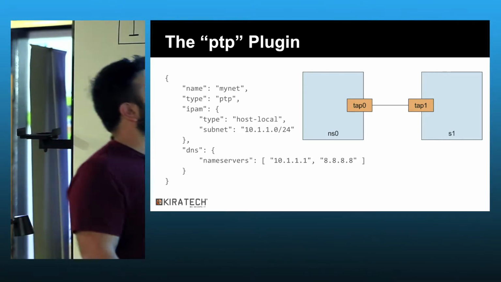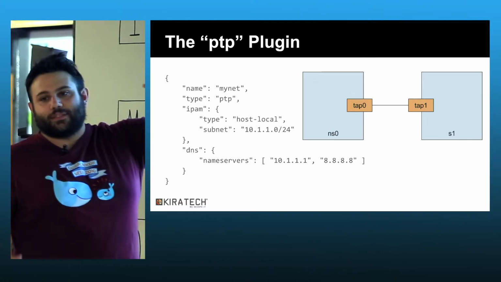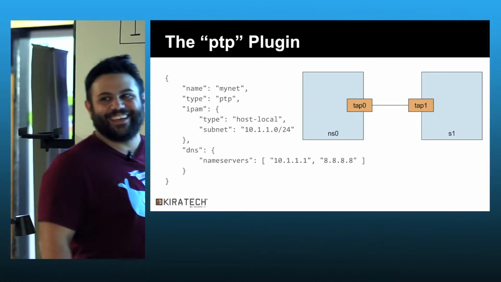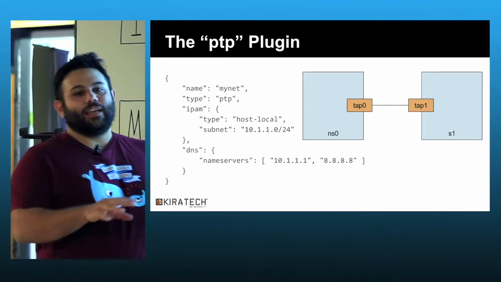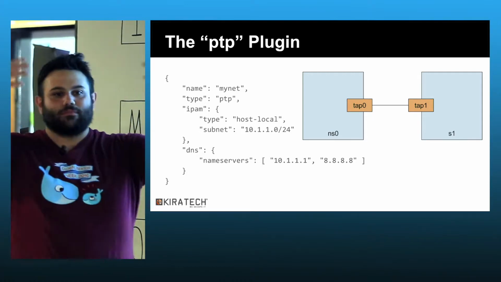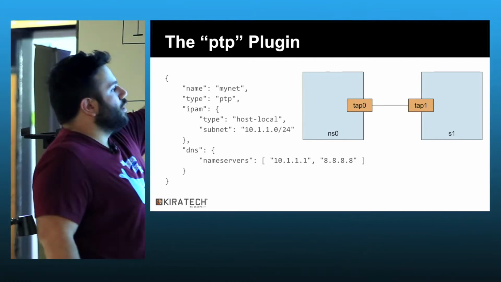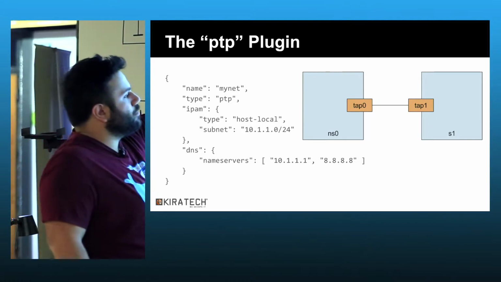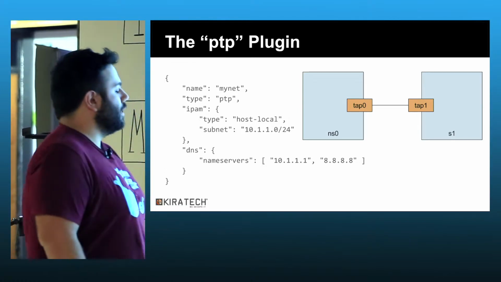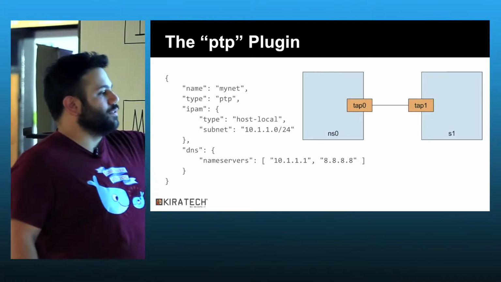So mynet is matching with the name of the actual network namespace I created. So in the demo that Gianluca will do, there's basically ip netns add mynet, so that's just a network namespace. It's configured to use an IPAM route to host-local, which has this address, this CIDR address, and the name servers for that are those name servers.